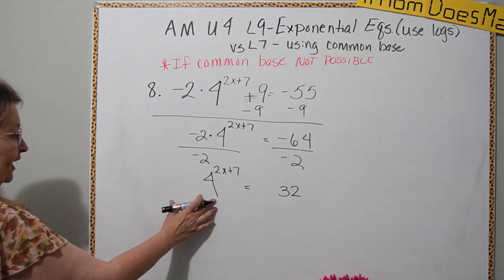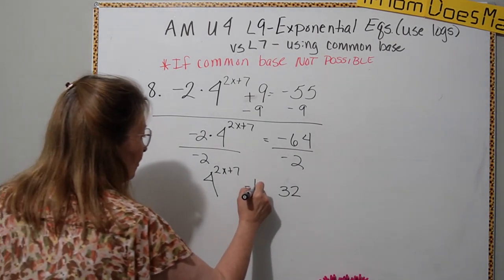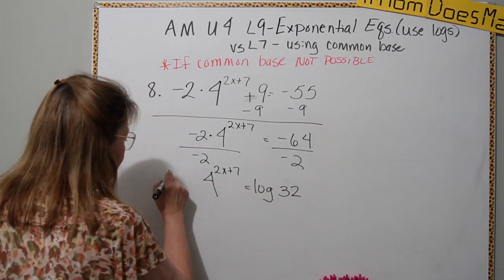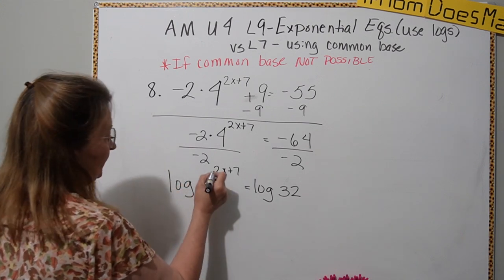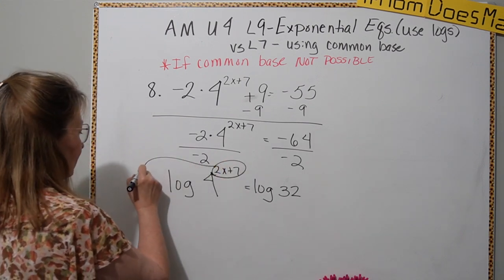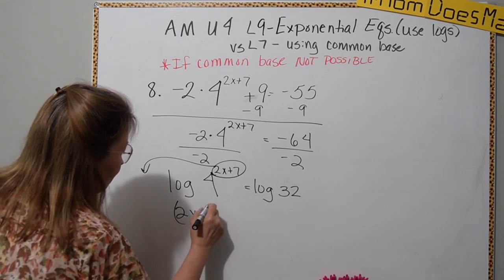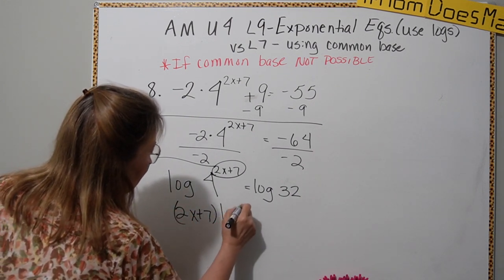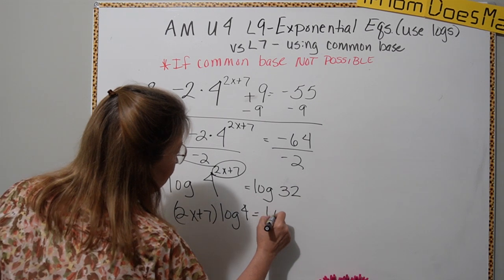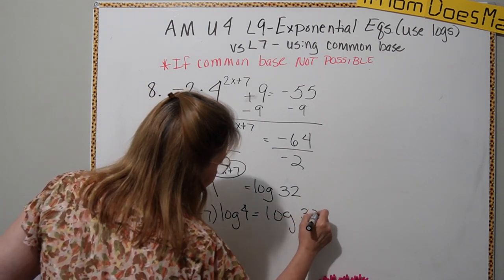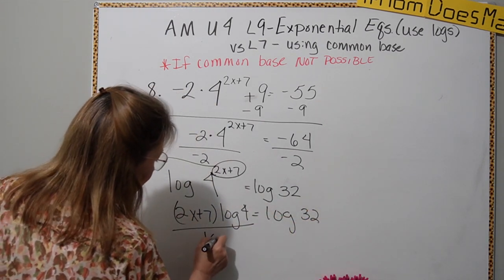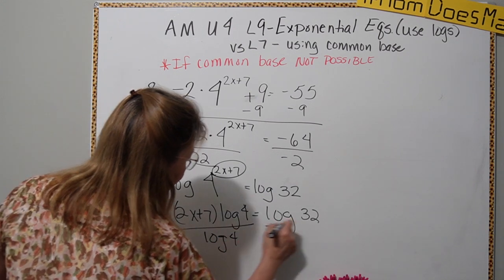And my exponential is isolated, so I'm ready to take the log of each side, take that power, bring it around. So now I have 2x plus 7 times log of 4 is equal to log of 32. Divide both sides by log 4.